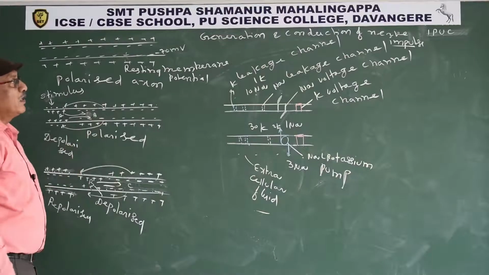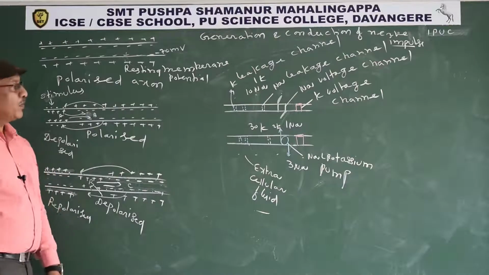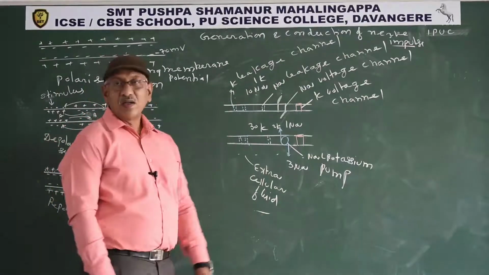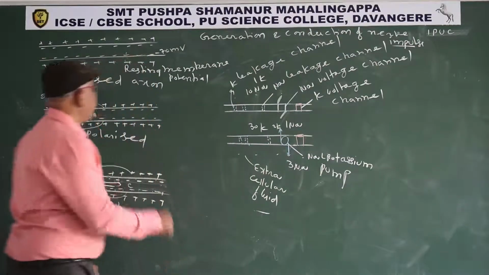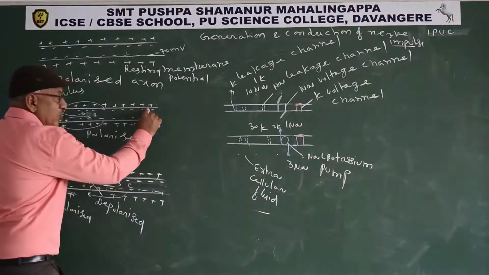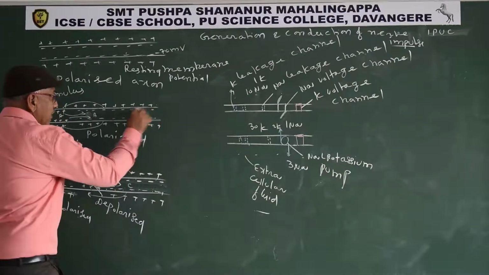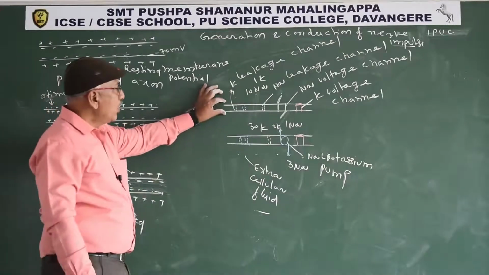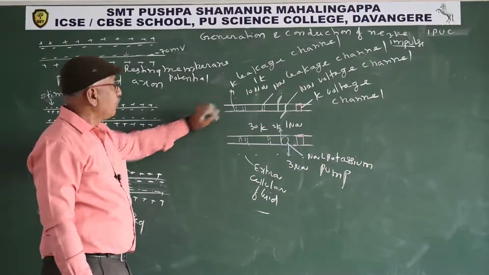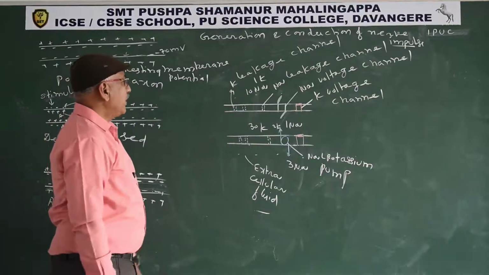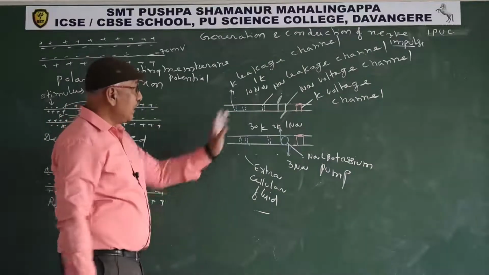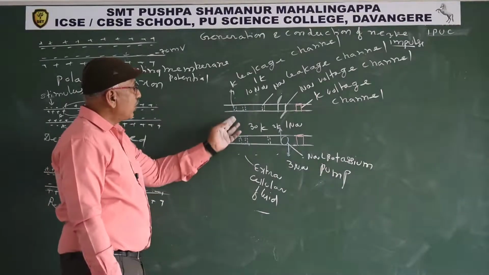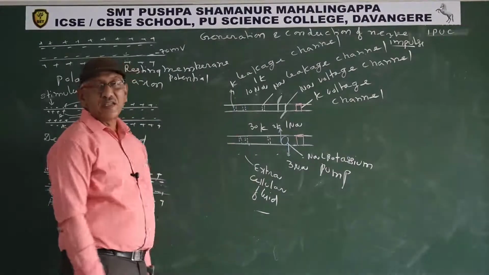Before we discuss the conduction of nerve impulse, it is better to discuss the various channels present in the axolemma. The plasma membrane of the axon is known as axolemma. For our convenience, I drew the axolemma like this. The axolemma contains leakage channels and voltage gated channels. Leakage channels are potassium leakage channels and sodium leakage channels.